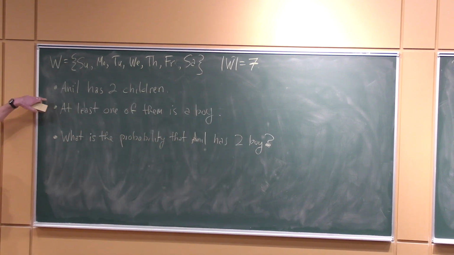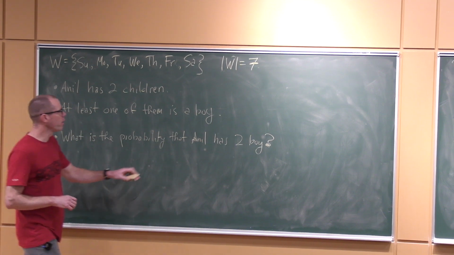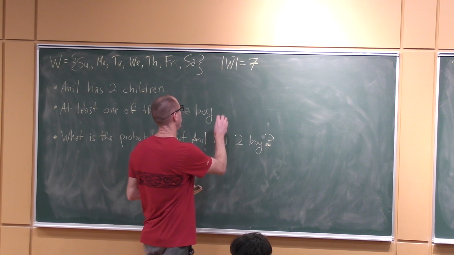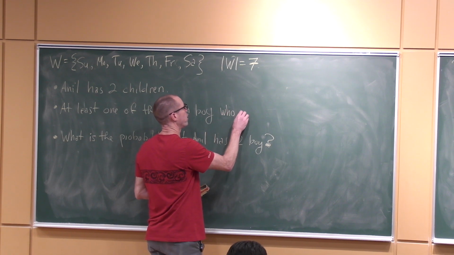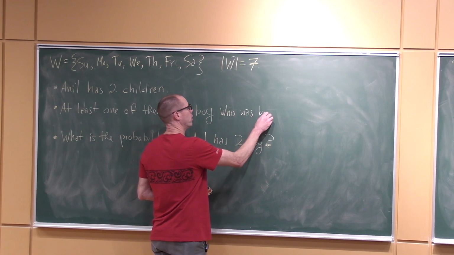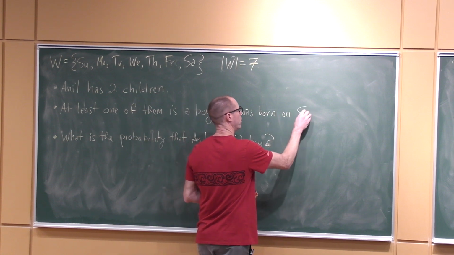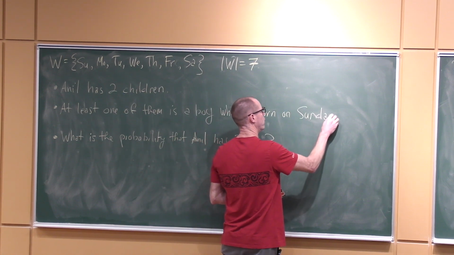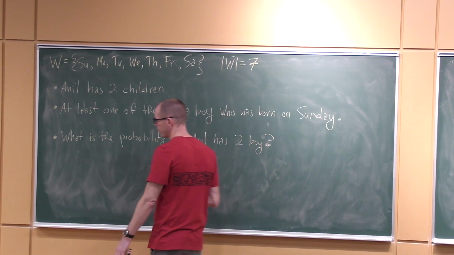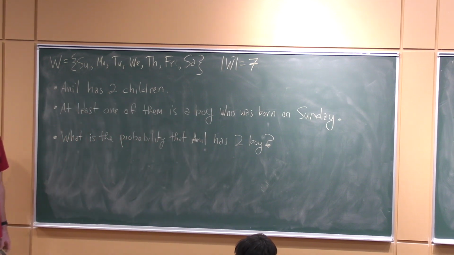So let's change the question a little bit and say Anil has 2 children. At least one of them is a boy who was born on Sunday. That's the only change. What's the probability that Anil has 2 boys?